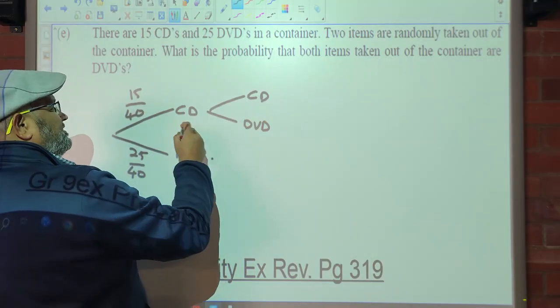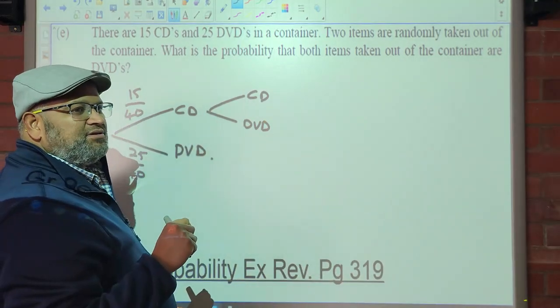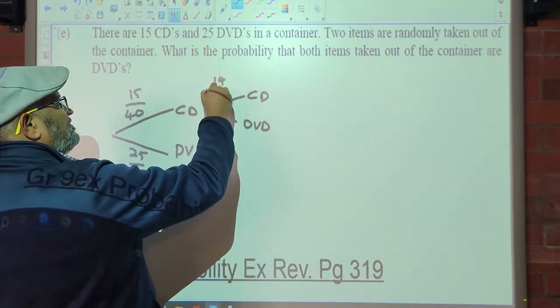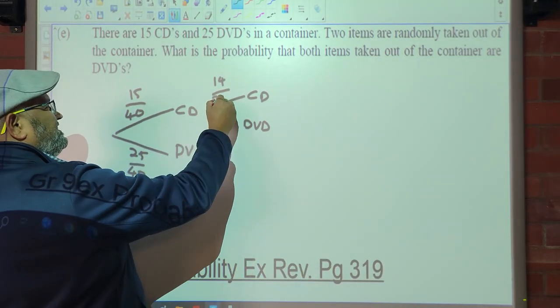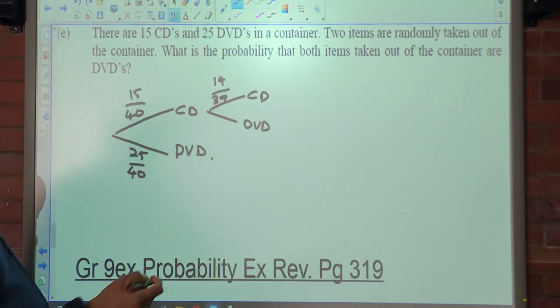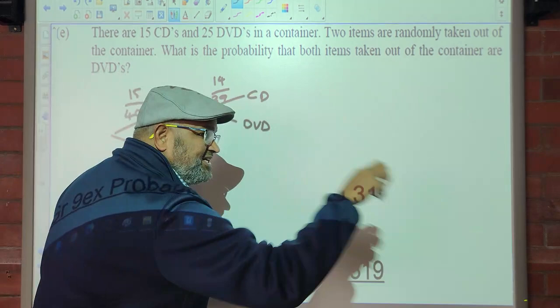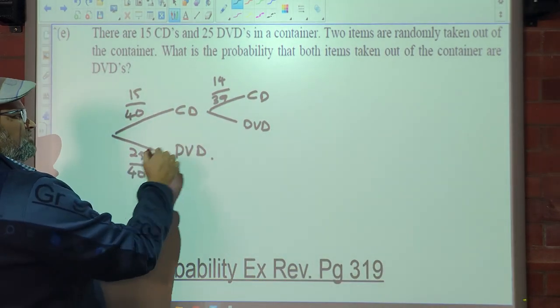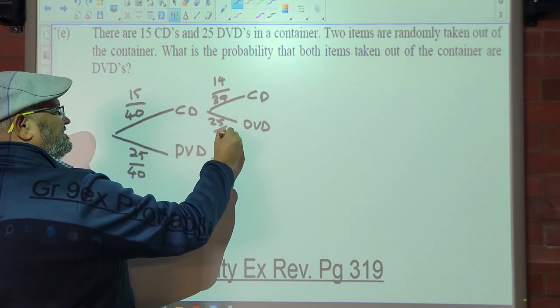If I took one CD out, how many CDs are left? 14 out of 39. So there is now one less CD in the container. If I draw one CD out, how many DVDs are left? Still 25 out of 39.